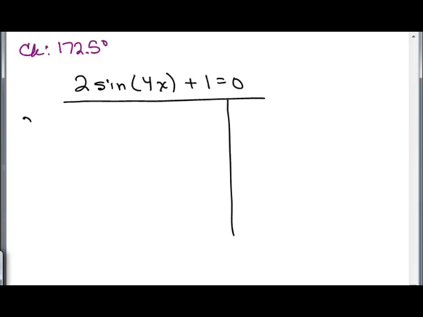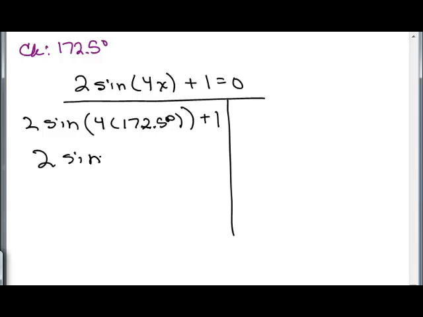So we have 2 times the sine of 4 times 172.5 degrees plus 1. And so we have to do 4 times 172.5. Using a calculator, that's 690 degrees.